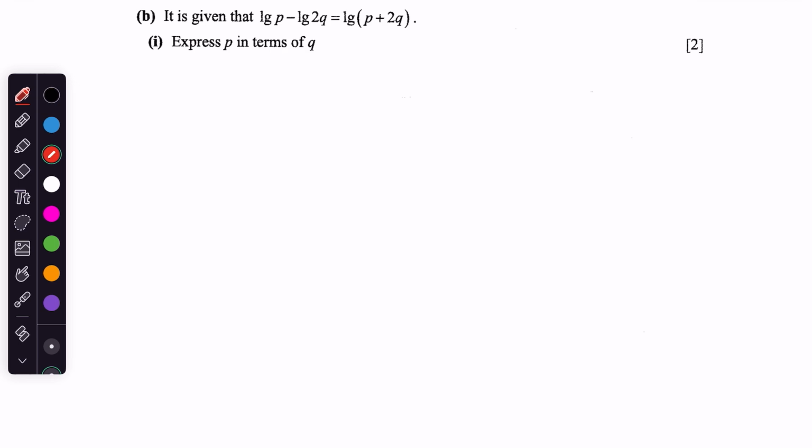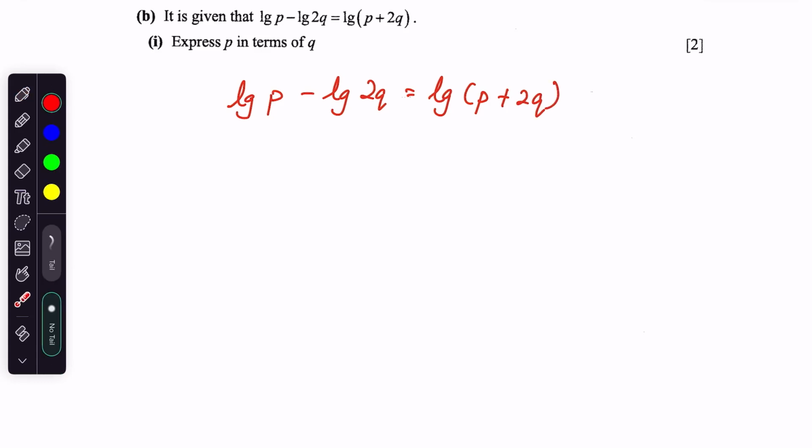Log P. This is all log base 10, because log base 10 is just LG, or we denote it as such. Okay, we have this equation here. I want to take out the P's and the Q's. I don't want the log, right?